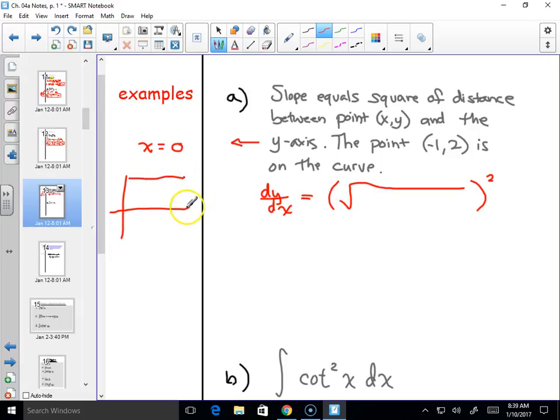The y's are the same, so all I care about is the difference between the x values. Isn't x the distance? No. Well, that's dumb. X is the distance.